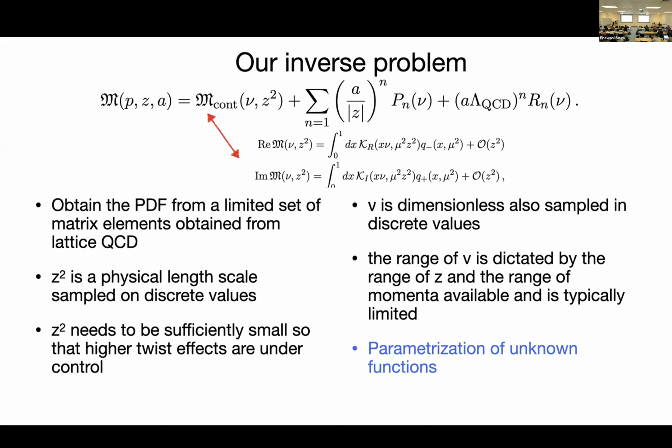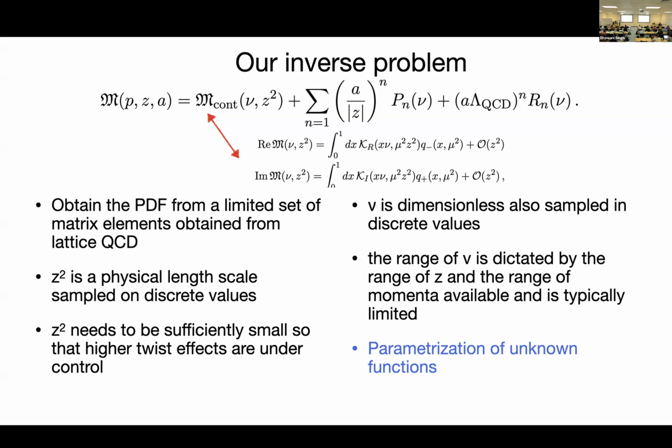So in reality, when I do a lattice calculation, I compute this matrix element that I want at some fixed lattice spacing with some value of p and z for the hadron. Now, the leading contribution to this result that I get from the lattice is the continuum function of the variables nu and z squared, but it is contaminated by several other things.